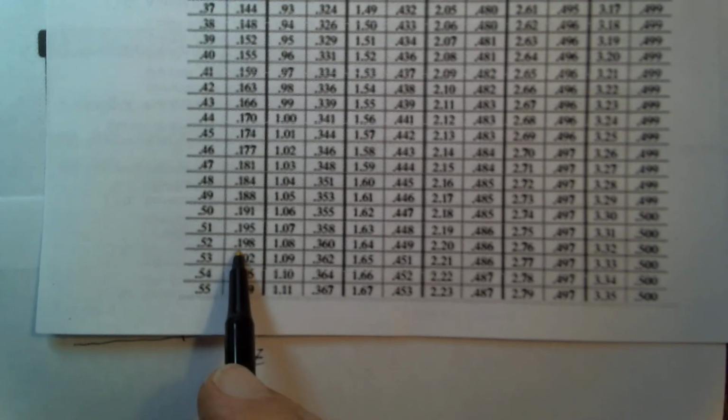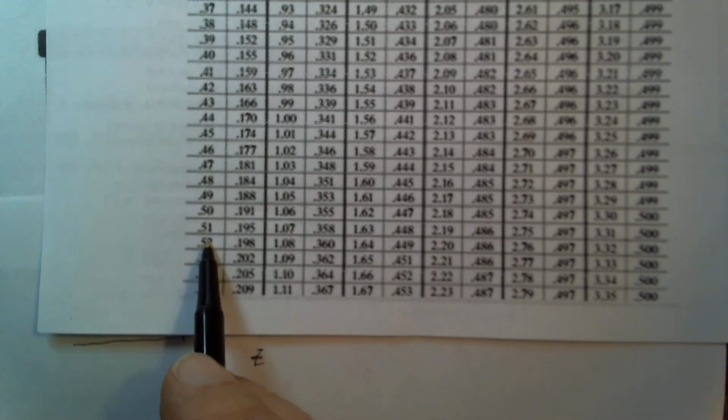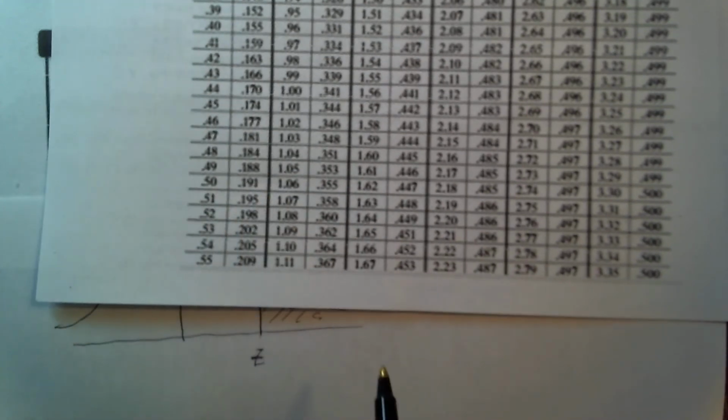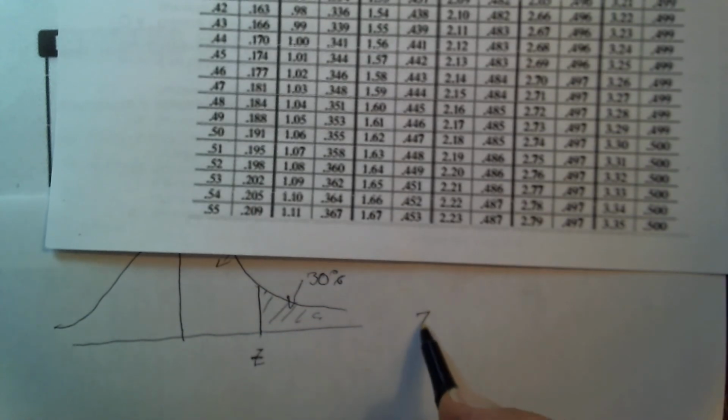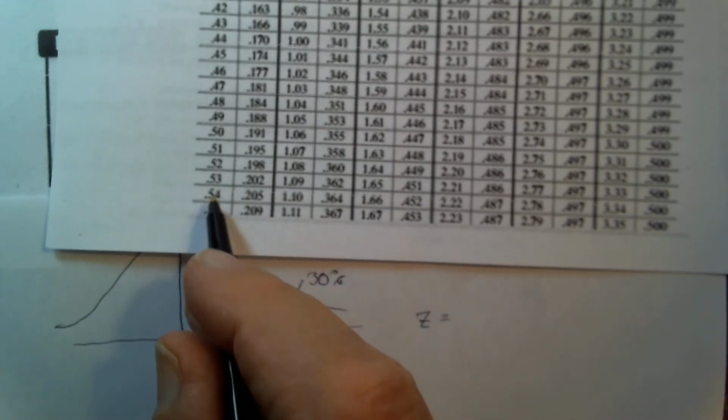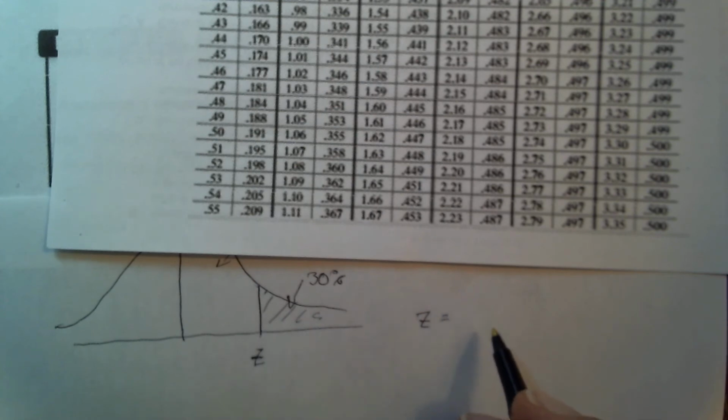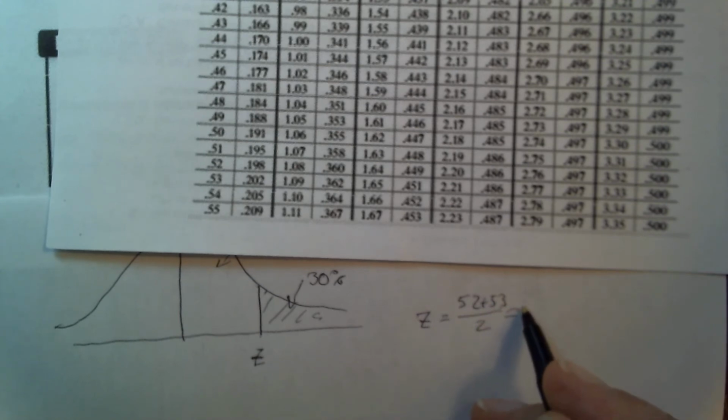So 0.2 is right in between. So it'd be between 0.52 and 0.53. And so then the z-score would be the mean of the two values of 0.52 and 0.53. So 0.52 plus 0.53 divided by 2, or 0.525.